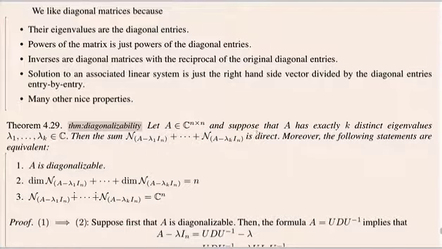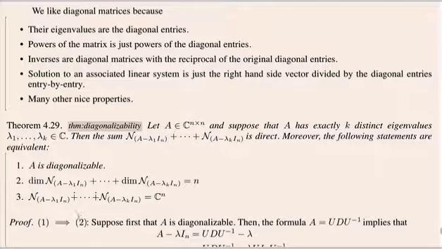Moreover, the following statements are equivalent. One, A is diagonalizable. Two, the dimensions of the null spaces of A minus lambda 1 I_n through A minus lambda k I_n add up to n. Three, the sum of the null spaces is a direct sum and equals the whole C^n vector space.